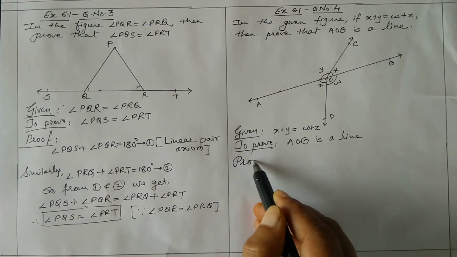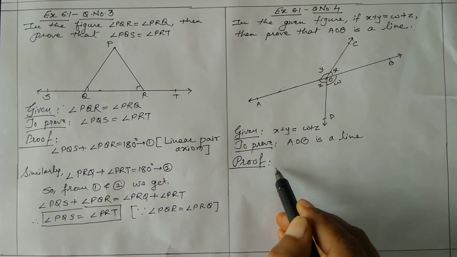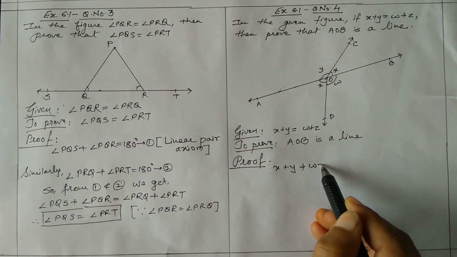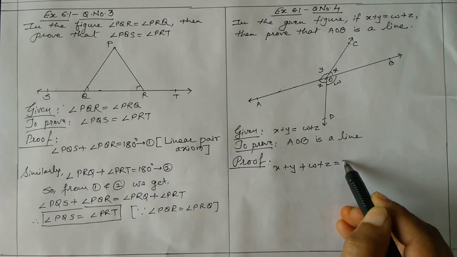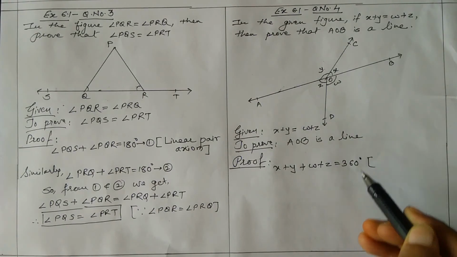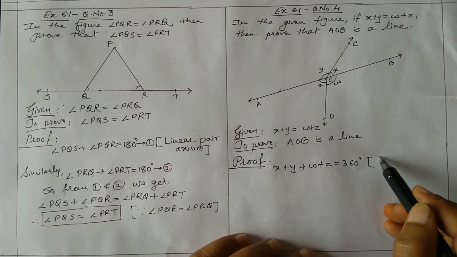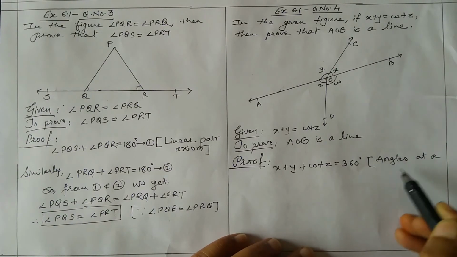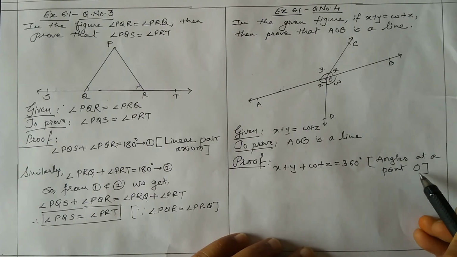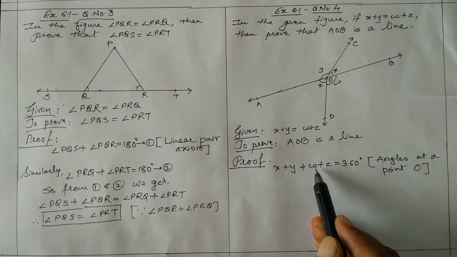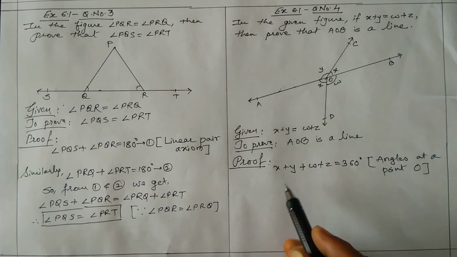See the proof. x plus y plus w plus z is equal to 360 degrees. What is the reason? Angles at a point. The sum of the angles at a point is always 360 degrees, at point O here. Now, can we replace w plus z by x plus y? Yes, it is given.